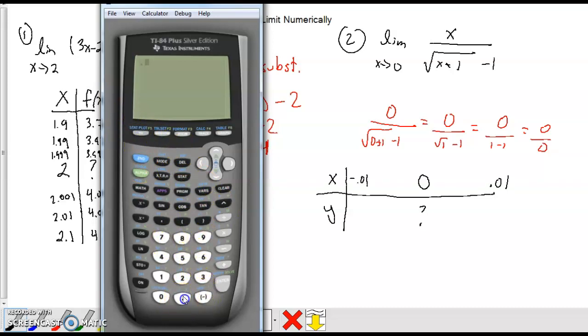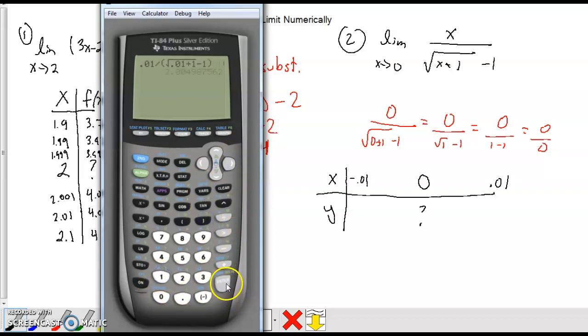So let's say 0.01 divided by the radical of 0.01 plus 1 minus 1.